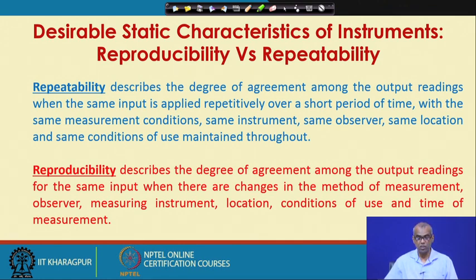So, repeatability describes the degree of agreement when the same input is applied again and again over a short period of time, with all conditions maintained throughout, whereas reproducibility covers changes in these conditions.